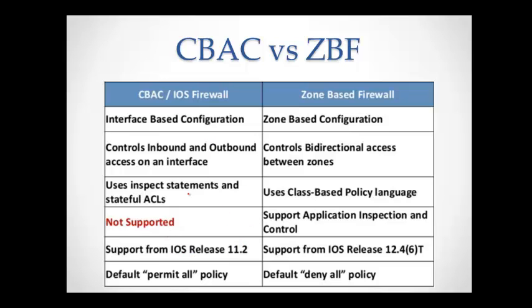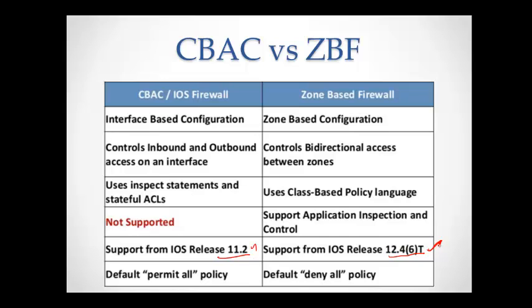Next, CBAC is supported almost on all Cisco IOS. So 11.2 and all, a very old one. Even from those 1990s routers, CBAC is supported. And zone-based firewall is supported from 12.4(6)T onwards.